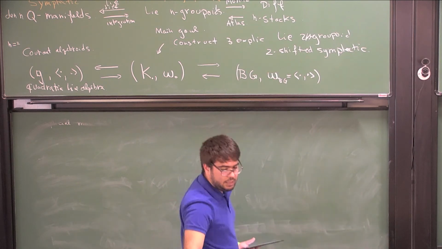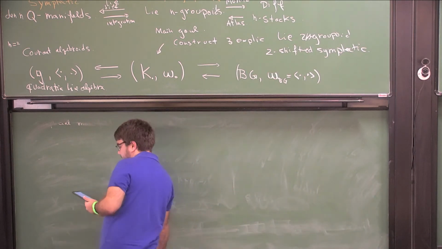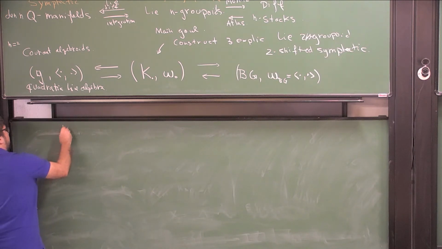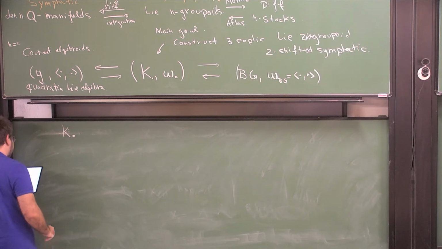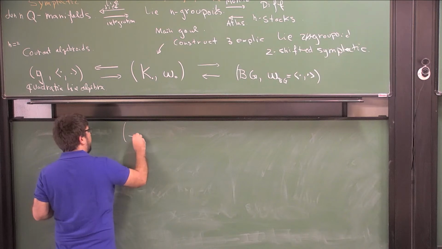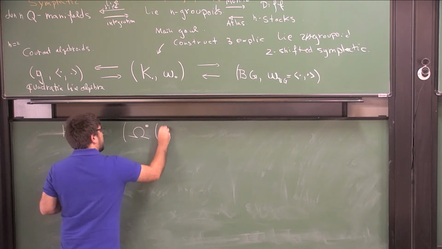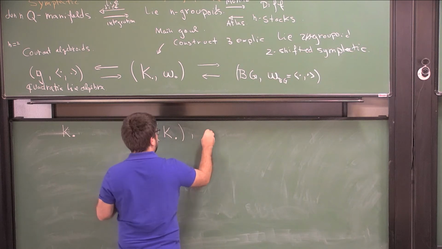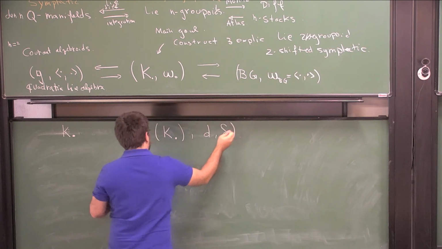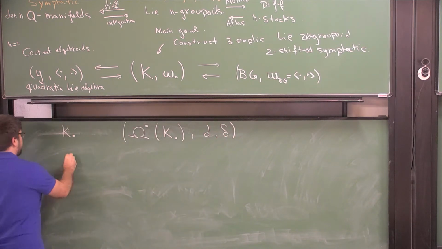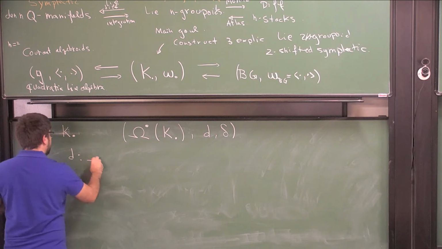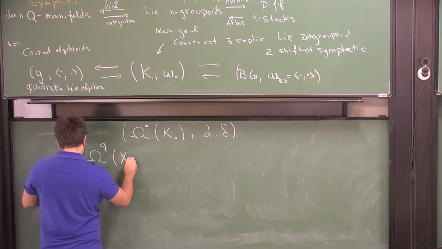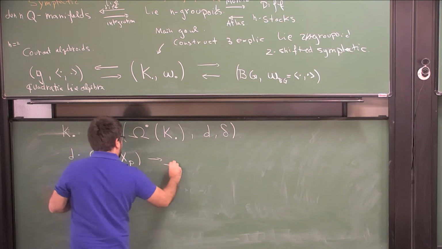So this is nothing special about Lie groupoids, but just about simplicial manifolds. If I have my simplicial manifold, then I have a double complex. So on one side I have the de Rham differential, and on the other the simplicial differential. So the de Rham differential is just increasing the de Rham degree by 1.